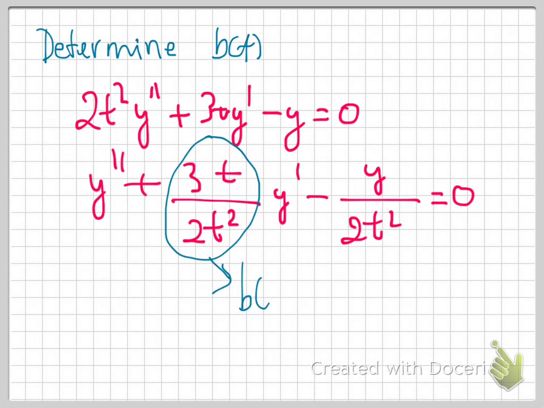The next step is to determine b(t), the coefficient of y'. In this original equation, the coefficient of y'' is not 1, so we make it 1 by dividing everything by 2t². Once we divide, we can determine b(t) is 3/(2t).